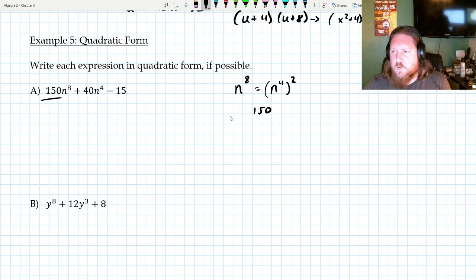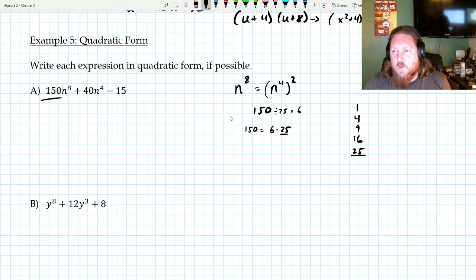And remember, your perfect squares are like 1, 4, 9, 16, 25. Ooh, 25. That should go into 150. 25 goes into 150 6 times, right? So 150 is really 6 times 25.